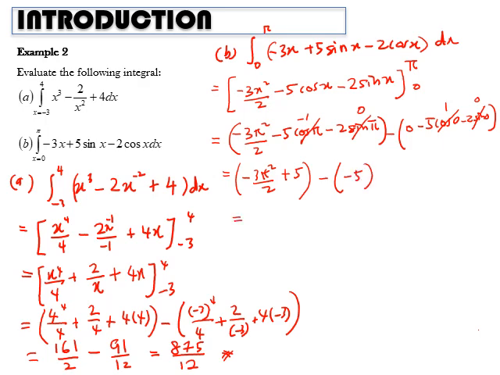So the answer will be negative 3 pi squared over 2 plus 5. So we can just leave the answer like this, or you can calculate it. Oh, sorry. 5 plus 5 is 10, right? Sorry, my bad. Okay, the rest is correct.